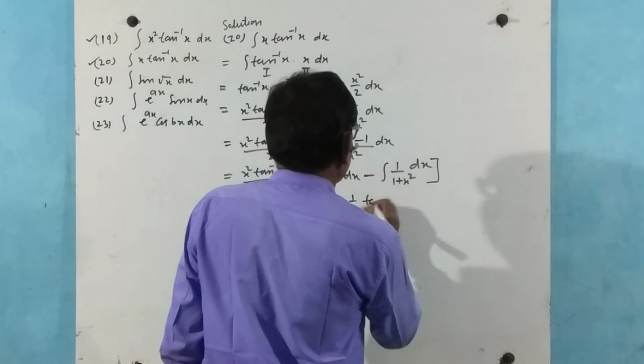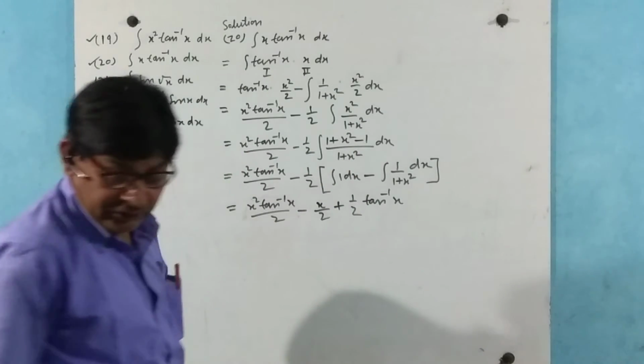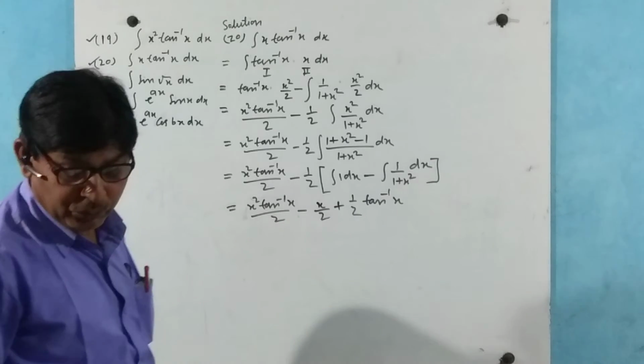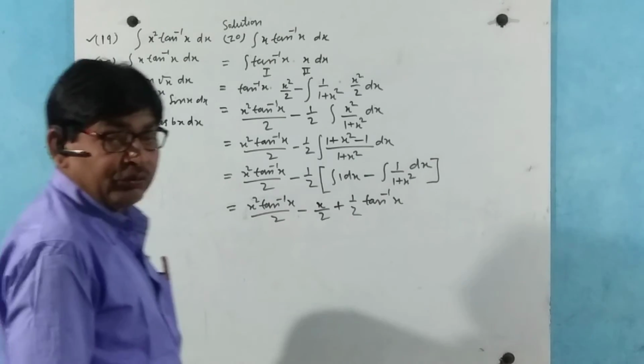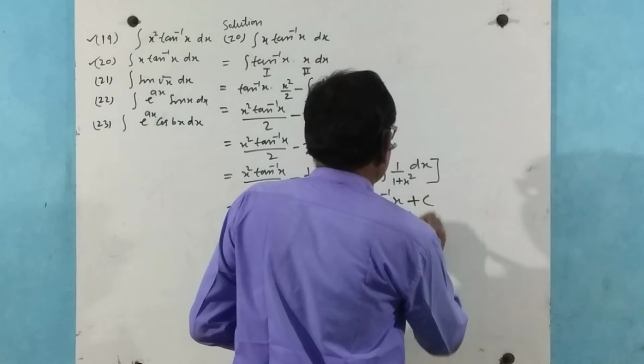So this is equal to x square tan inverse x minus x by 2 plus 1 by 2 tan inverse x plus c. This is our answer.